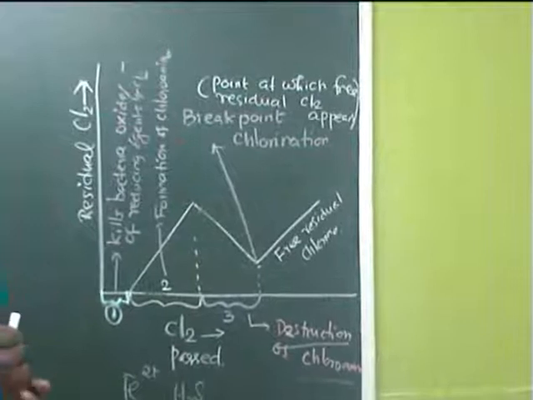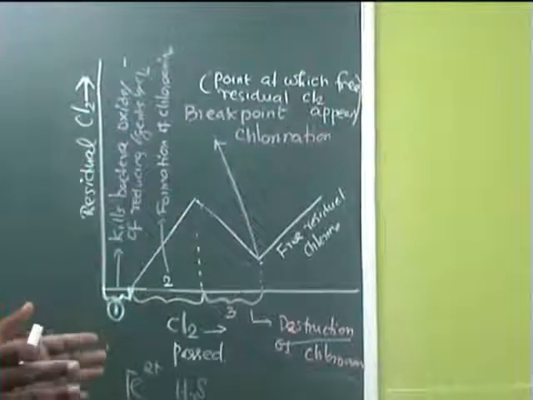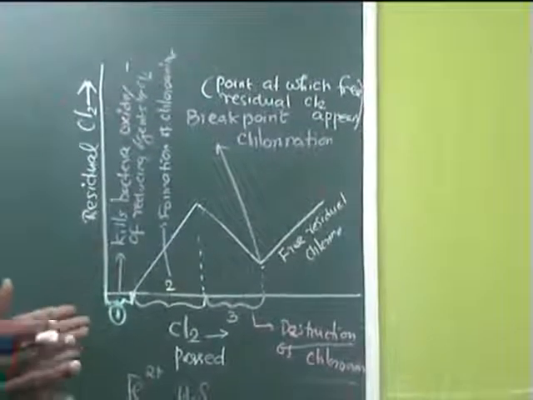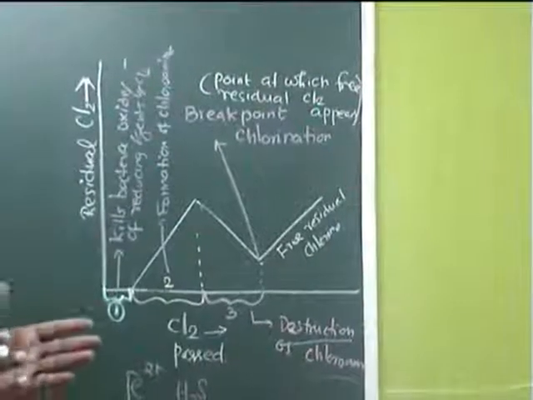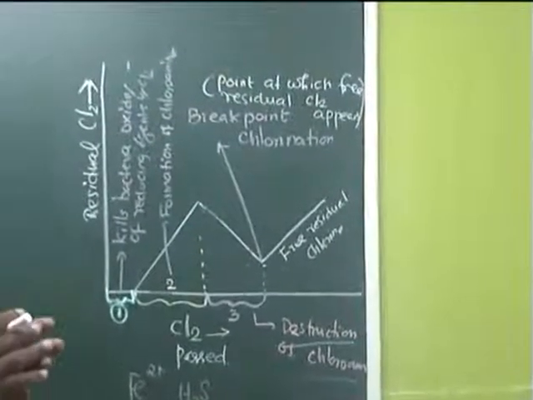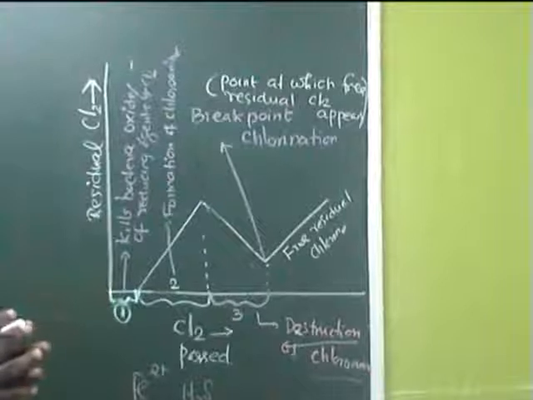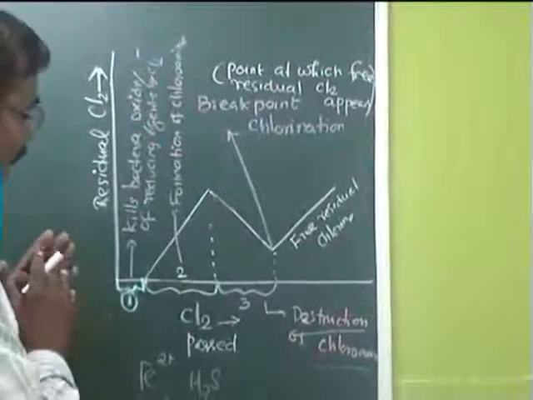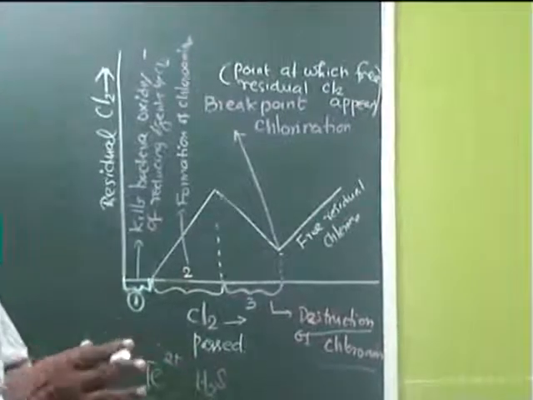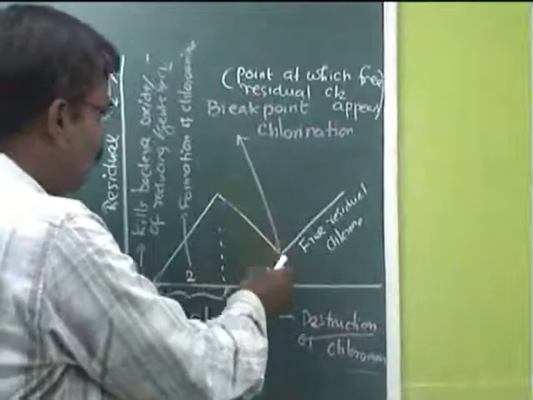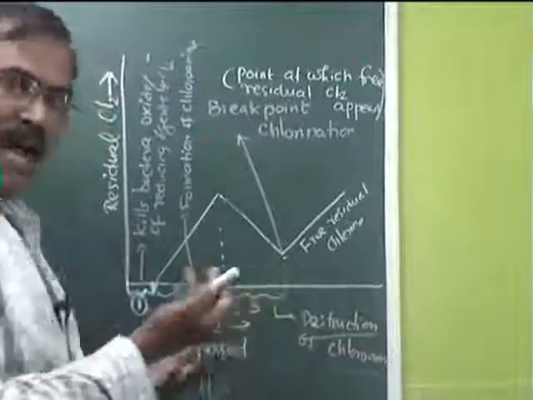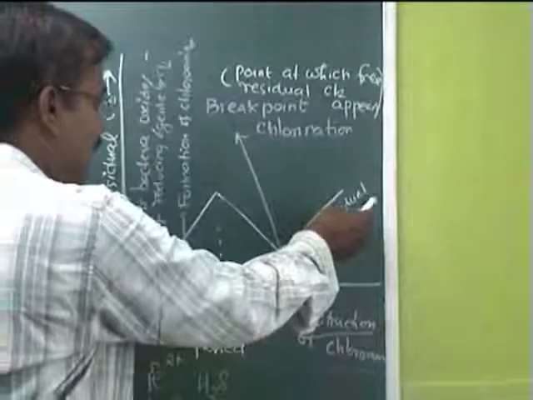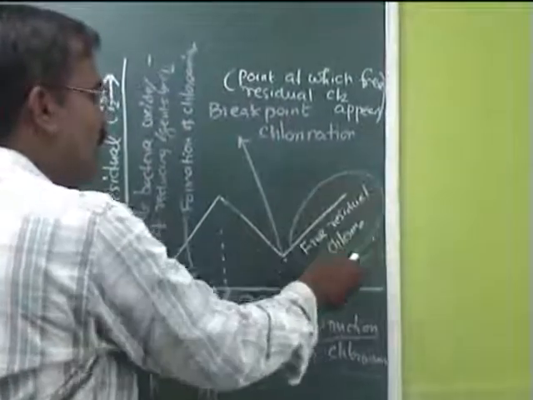After that there is nothing to remove: reducible substances, bacteria, organic impurities, odor causing substances, color causing substances, toxic elements if any, all are oxidized by chlorine completely. So the chlorine which we are passing has no role, and it appears as free residual chlorine.